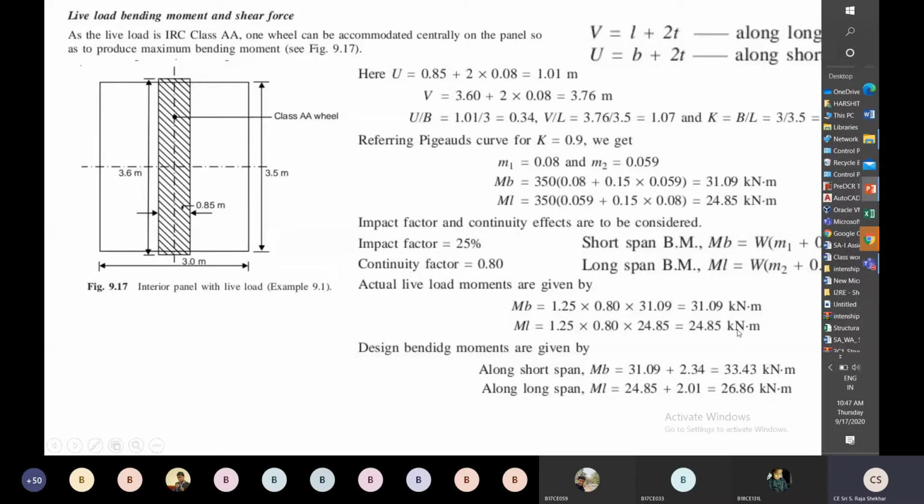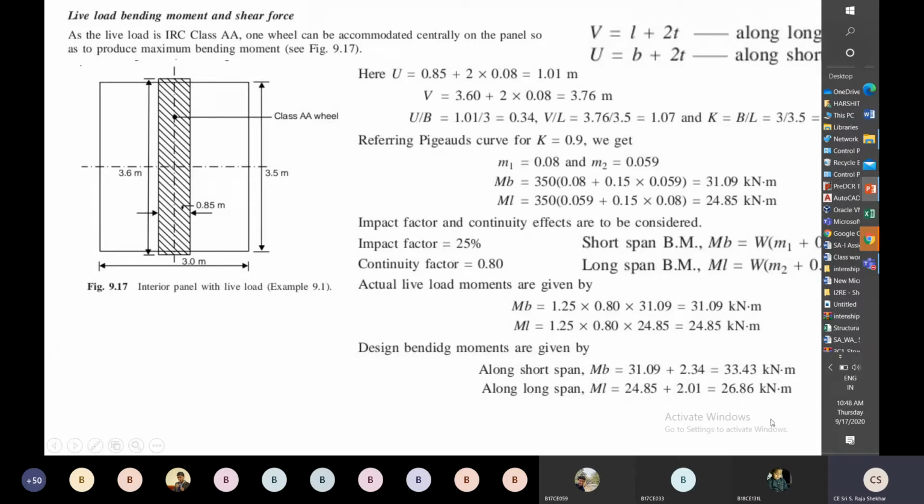After that you have to calculate the design bending moment. The design bending moment is equal to the bending moment due to live load along the shorter span plus the bending moment due to dead load. Similarly, along the longer span, the bending moment due to live load plus the bending moment due to dead load. If you add these values, you get the design bending moment.